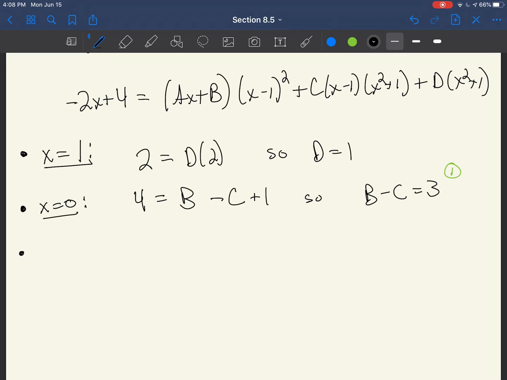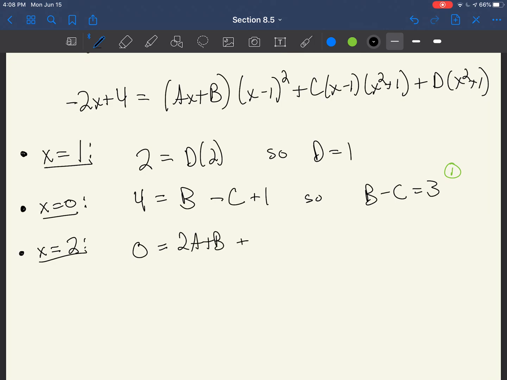We're going to call that equation number 1. Pick another value that we think will be nice. I think 2 will be nice, because when you plug in 2, x - 1 will still be 1. When x equals 2, you have 0 on the left-hand side, equals, as we said, this term will be 1.